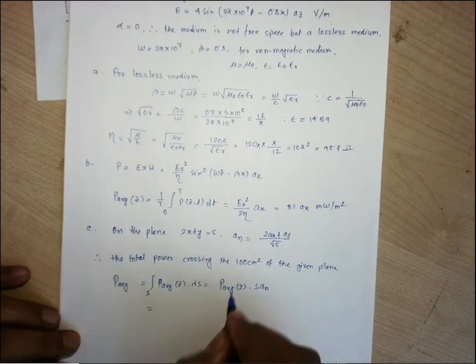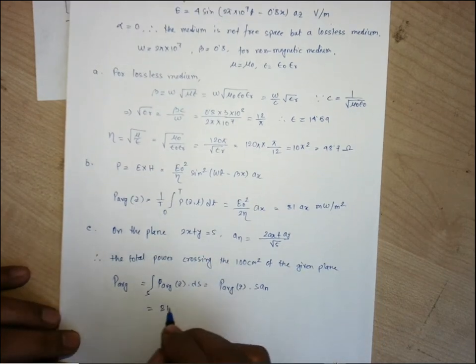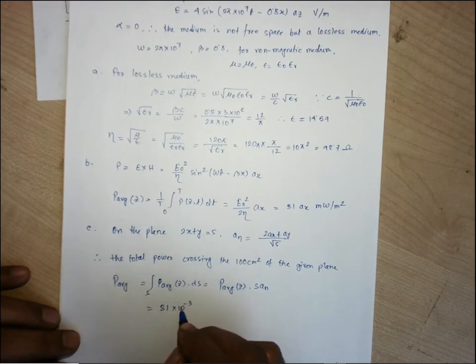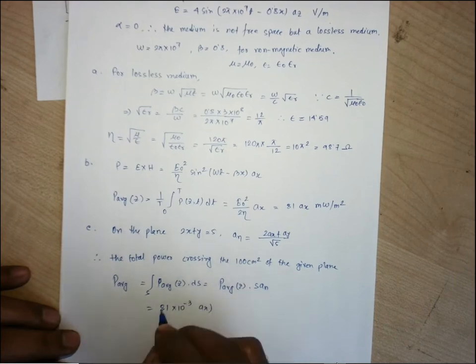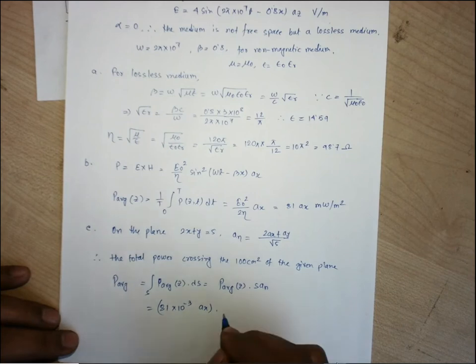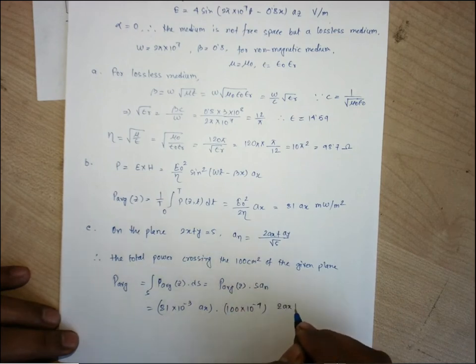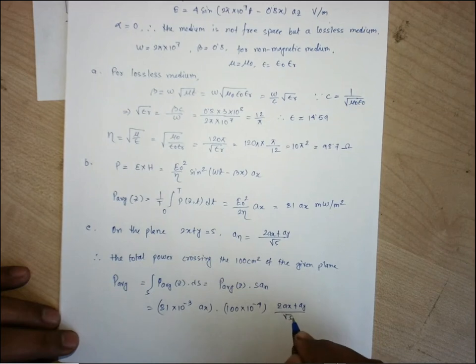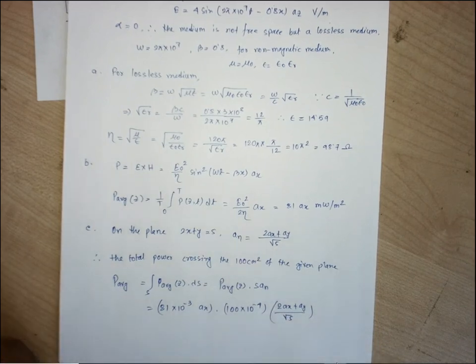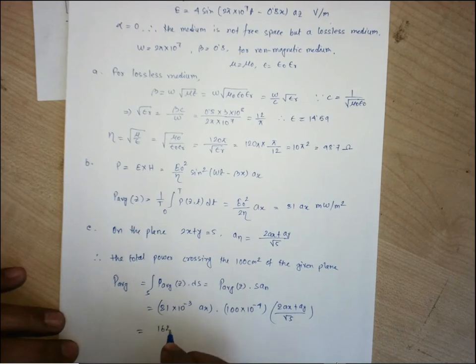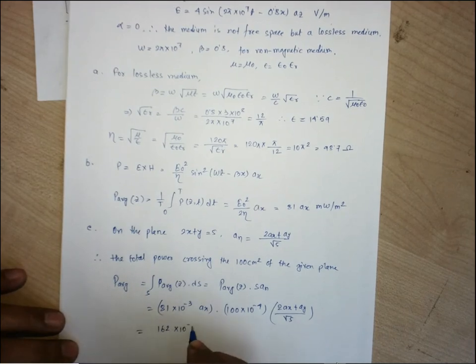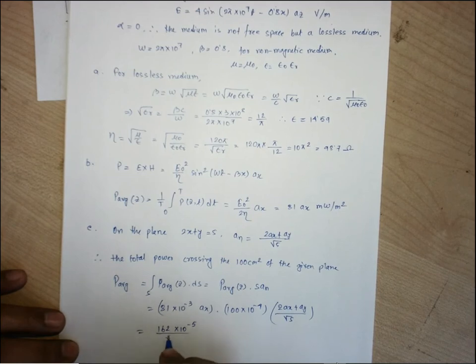The value is 81 milli, in the direction ax. The 100 centimeter square we convert into meters, that is 10 to the power minus 4. An is (2ax plus ay) by root 5. So this comes out as 162 into 10 to the power minus 5 by root 5.